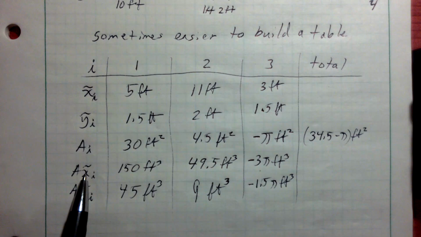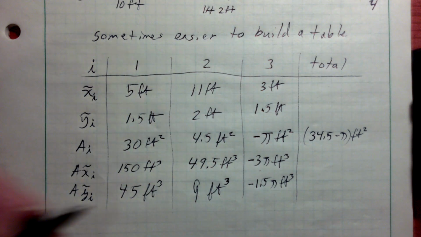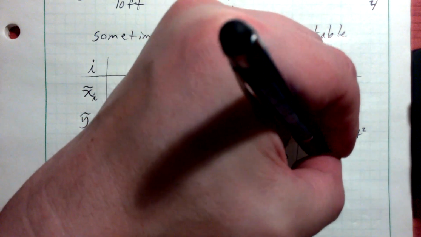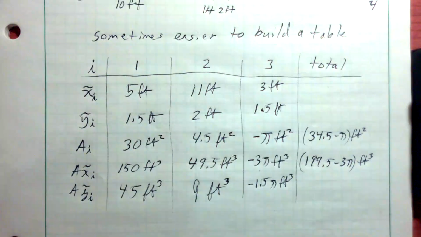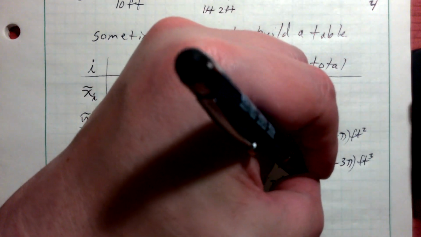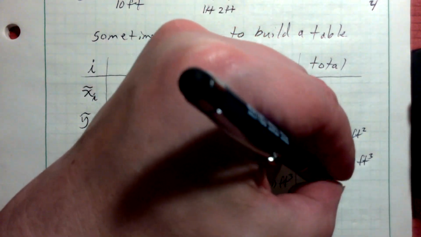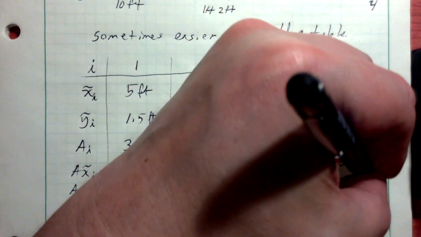This one, I'm going to add these up, so it's 199.5 minus 3 pi feet cubed, and then this one is 45 plus 9, that's 54 minus 1.5 pi, and those are both feet cubed.